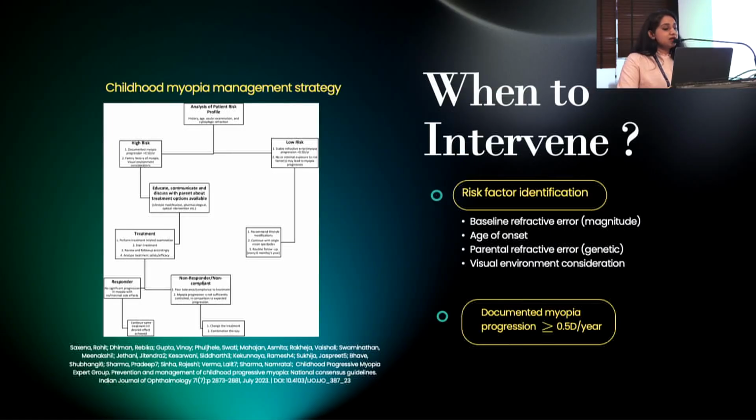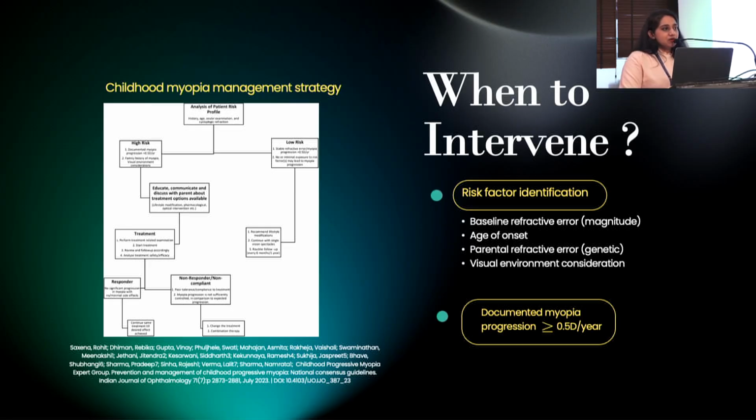That is by risk stratification first and documenting a myopia progression of more than 0.5 diopter per year. High risk means a larger baseline refractive error, a younger age of onset, and parental refractive error. Basically, if both parents have myopia, there is a 3 times chance of progression as well as prevalence for the child, and also very poor visual environment situations.